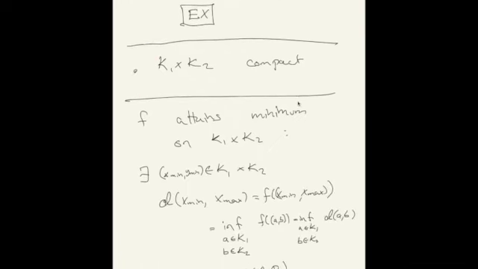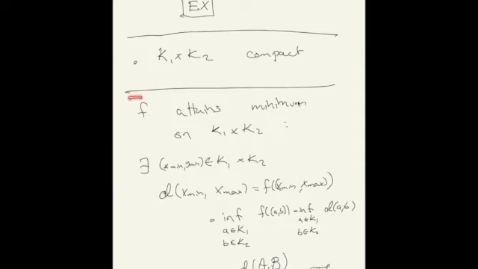And well, since F is continuous and the product is compact, by EVT, we know that it contains a minimum. And this minimization is exactly what we wanted to say. So it contains a minimum.